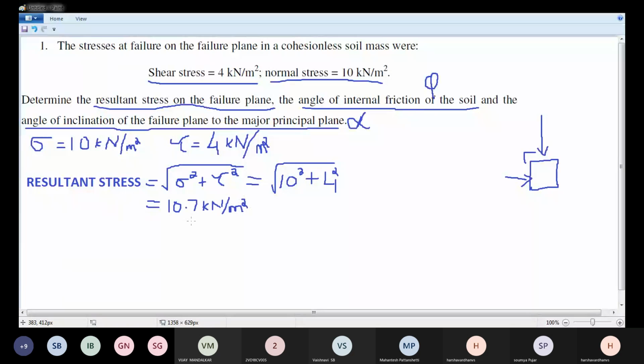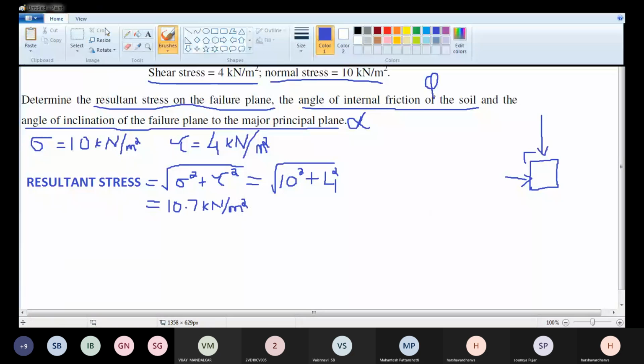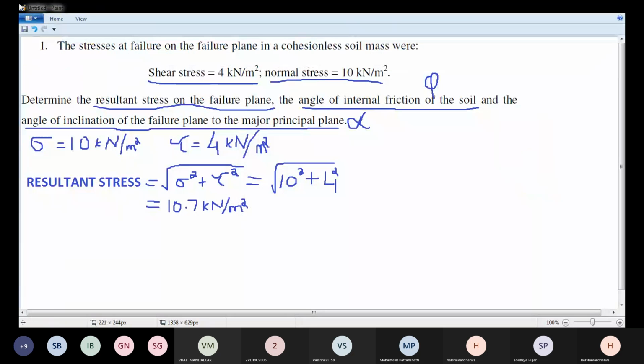Okay. Next, we have to determine the angle of internal friction. I told you from the graph. If this is my graph, and y-axis is shear stress, x-axis is normal stress, this is your angle of internal friction.